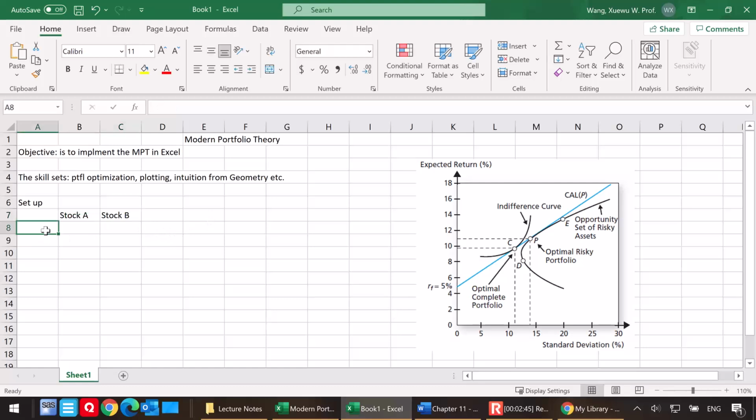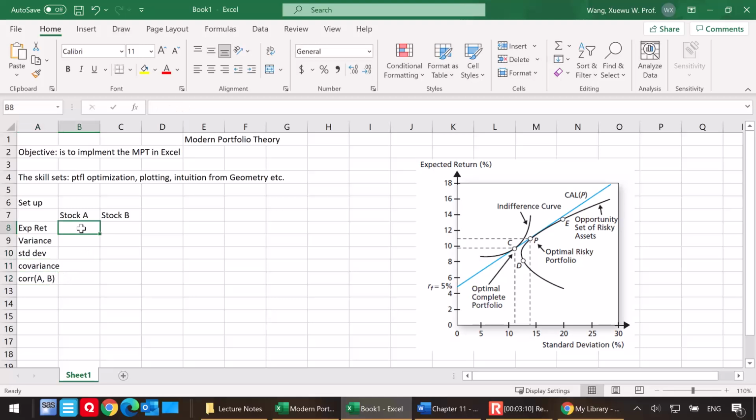All right, so I have expected return for these two stocks, and I also have the variance for these two stocks, and therefore I have the standard deviation, and because I have two stocks here, I can actually talk about the covariance. And if I want, I can also look at the correlation coefficient between these two stocks.